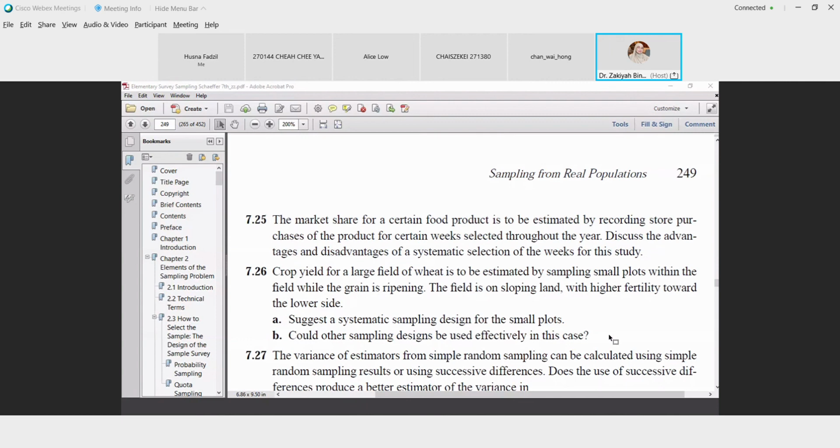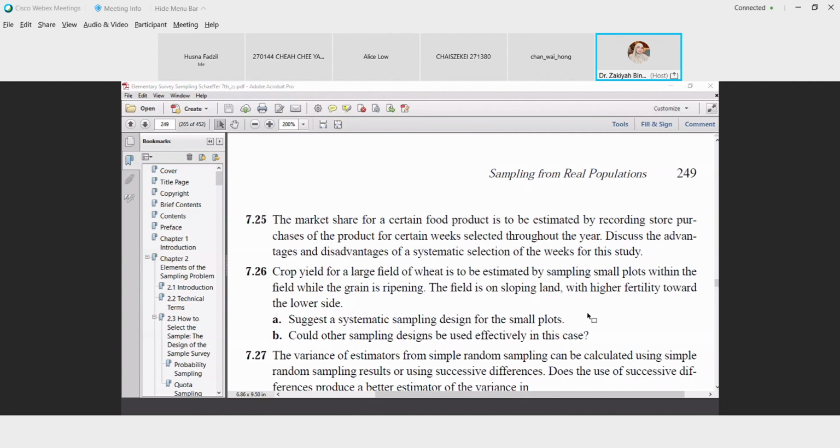Okay, now 7.26. Plot yield for a large field of wheat is to be estimated by sampling small plots within the field. Okay, 7.25, repeat again. Your systematic sampling might not be a good idea.